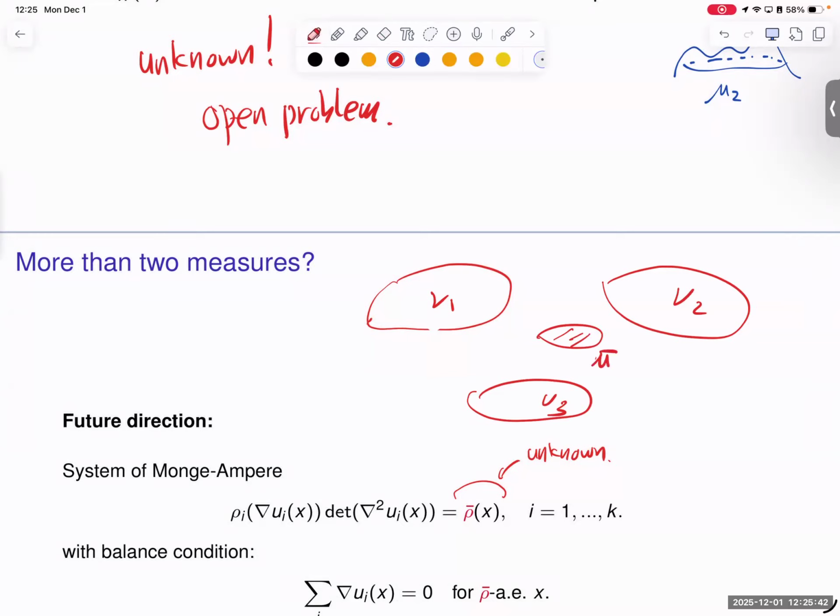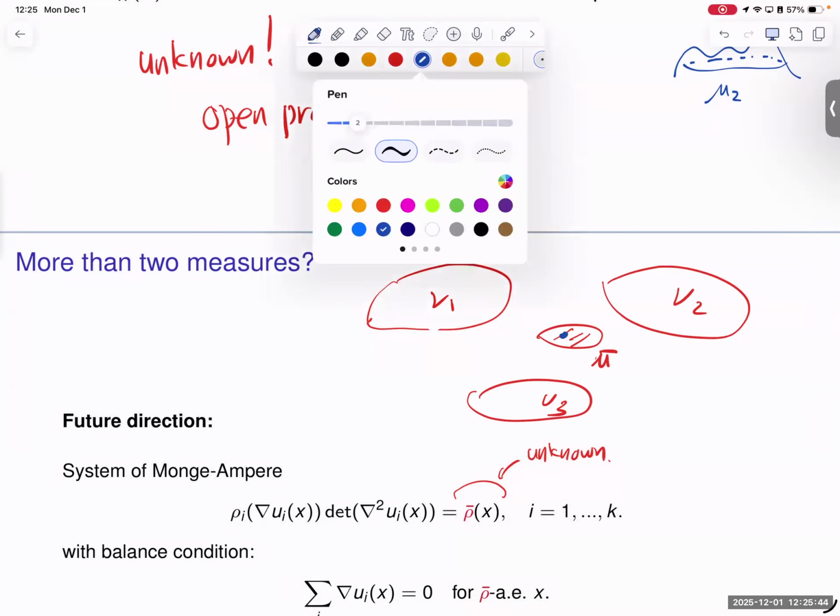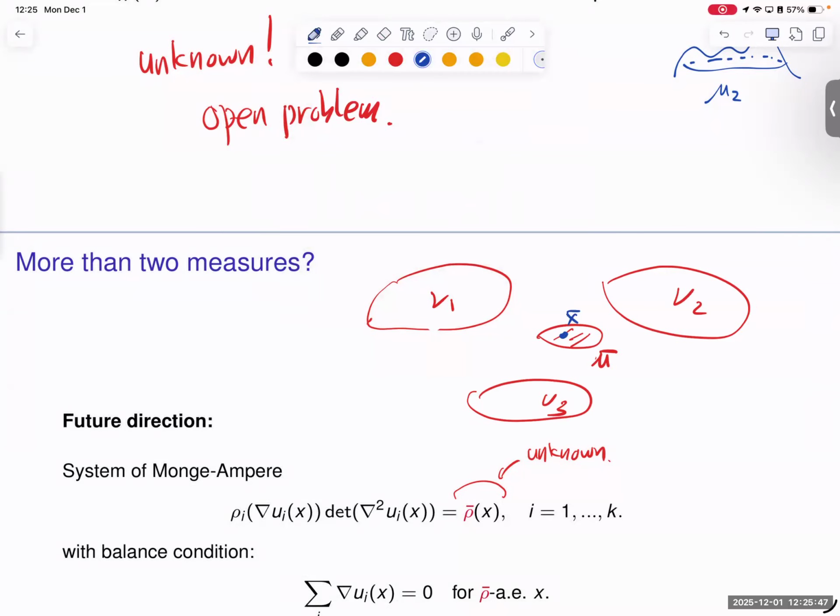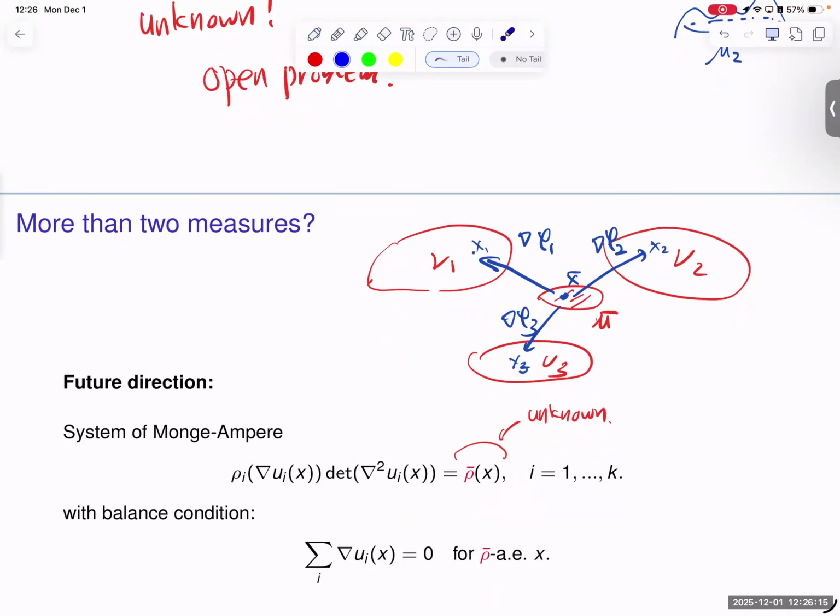Then for almost every x bar, the optimal transport maps from mu bar to nu 1, mu bar to nu 2, and mu bar to nu 3 have a very nice, very natural relation.